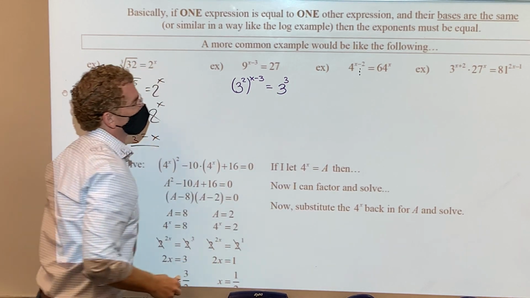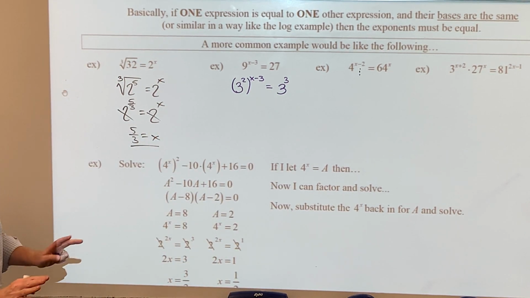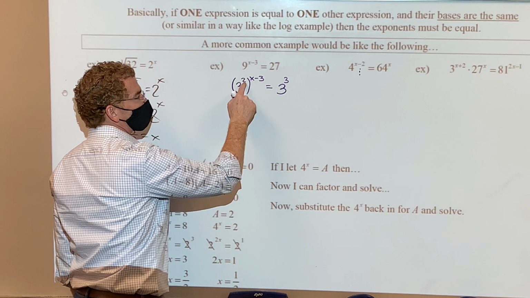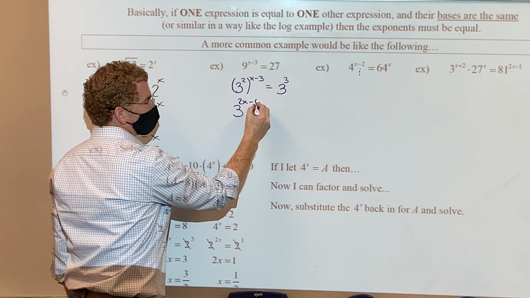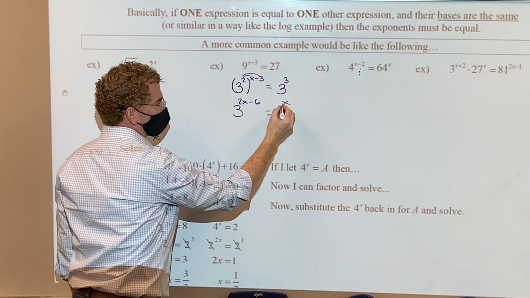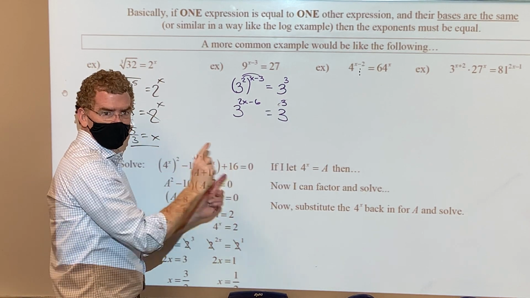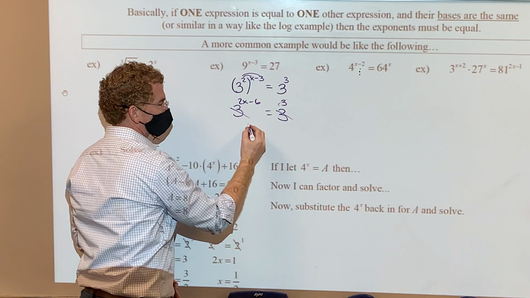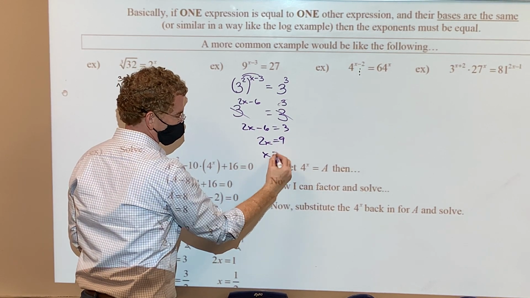So they still don't look the same, but what if I had a power to a power? What does that tell me to do? Multiply the 2 of those together? Now, do I have the same base? 1 on each side, 1-to-1 principle? So 2x minus 6 would have to equal 3, 2x is 9, x is 9 halves.